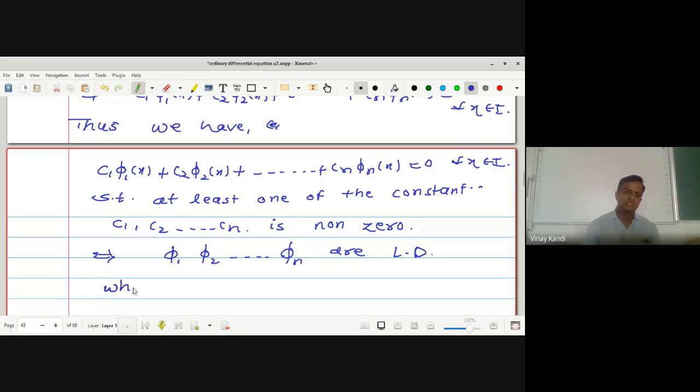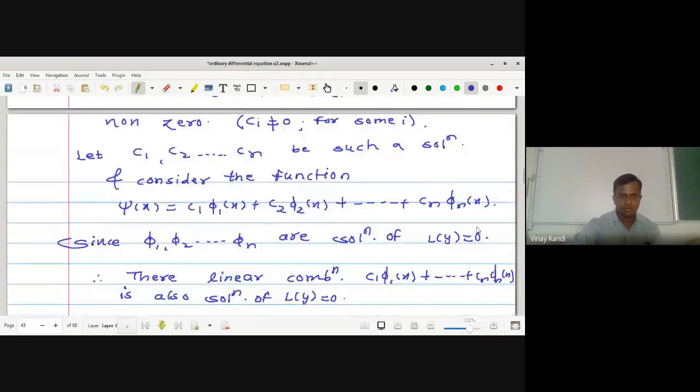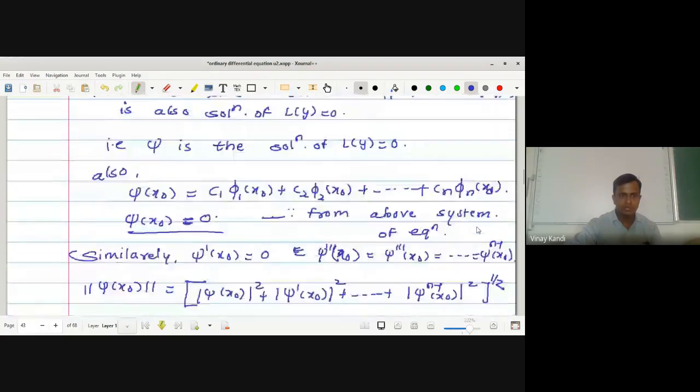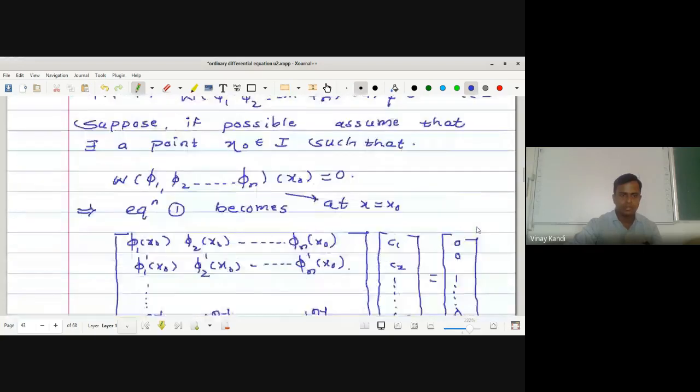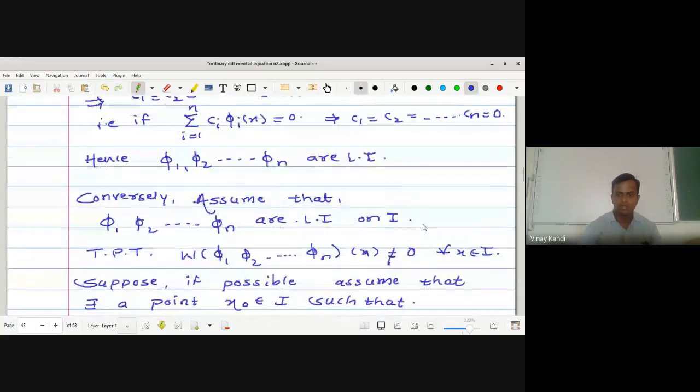Which is a contradiction to equation number 2. What is equation number 2? This one, the statement we assumed, the converse part. This is a contradiction to 2. We assumed that phi 1, phi 2 up to phi n are linearly independent.